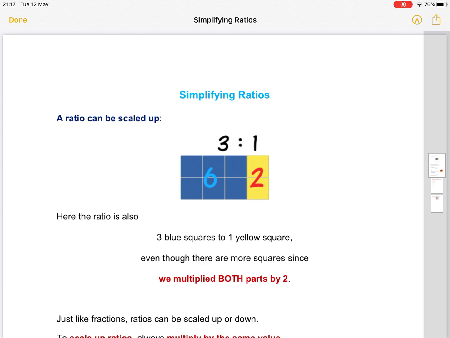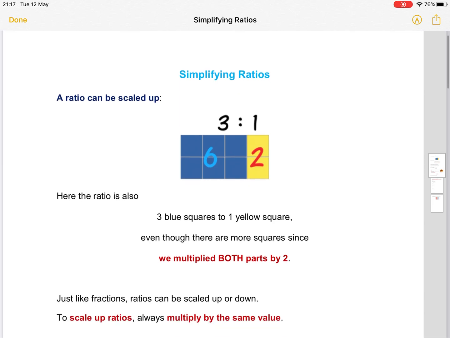Now, remember the example that we've done yesterday, the blue squares compared to the yellow squares. It was 3:1. Now, if we add another row exactly like the one above, we end up with 6 blue squares and 2 yellow squares, as you can see from the diagram itself.